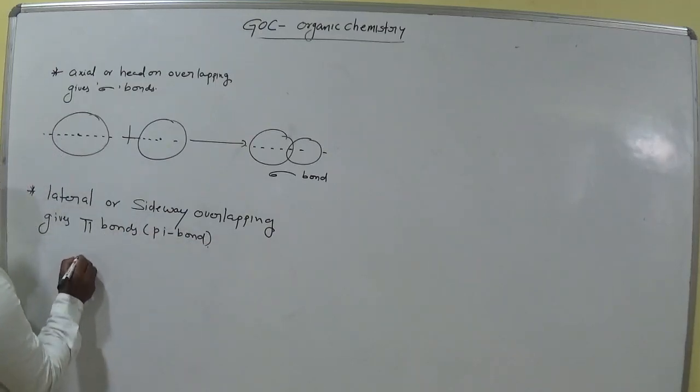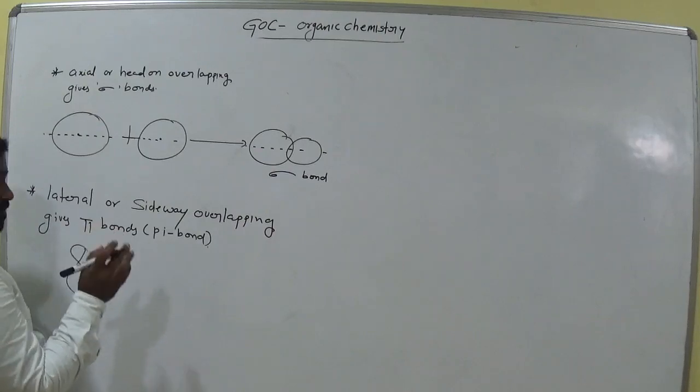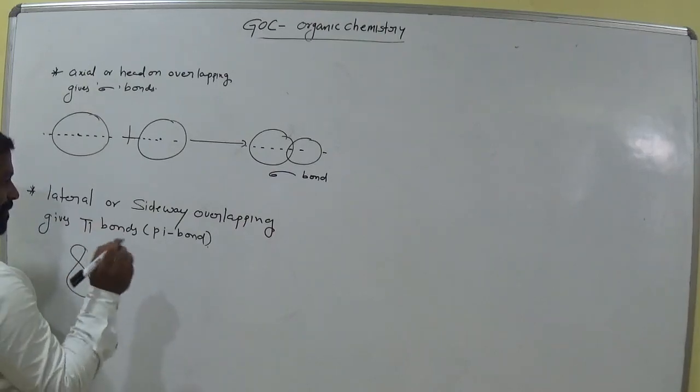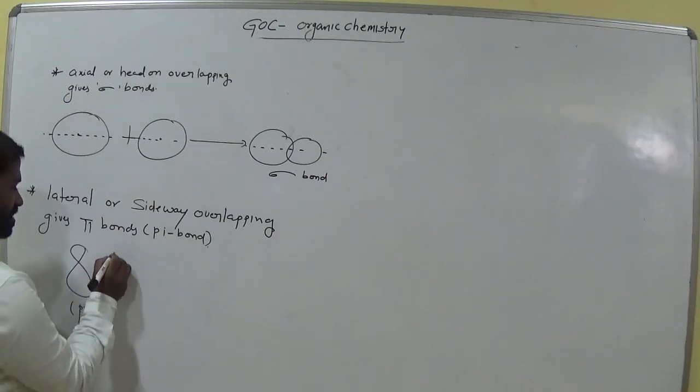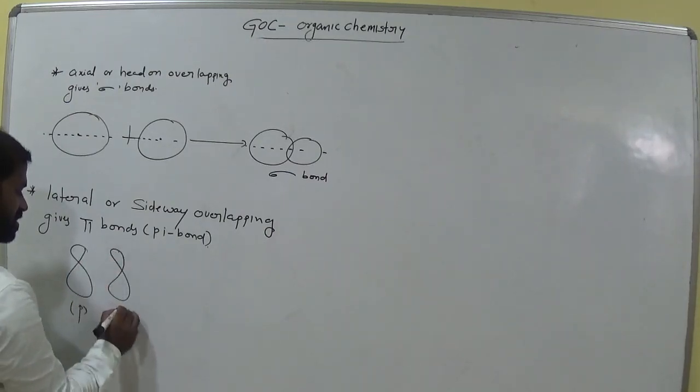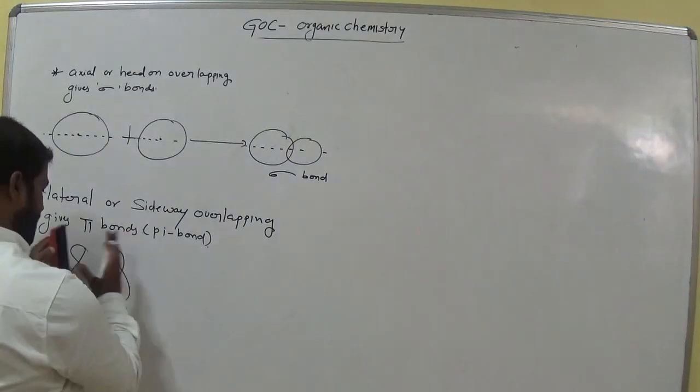Sideway means it takes place in the case of p orbitals, mostly p orbitals. This is a p orbital. This is another p orbital. Now the overlapping is side by side like this.